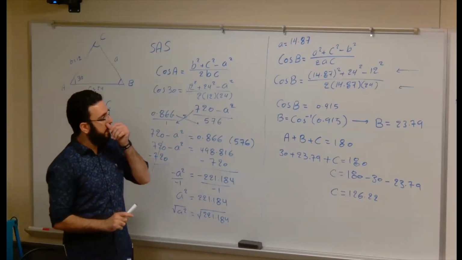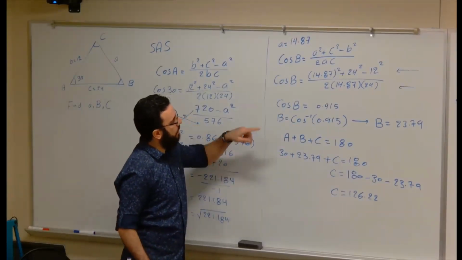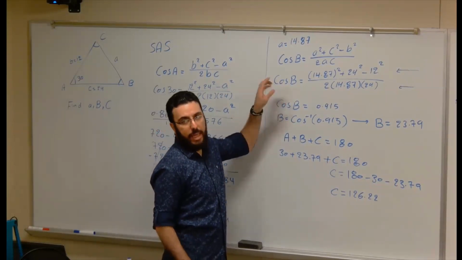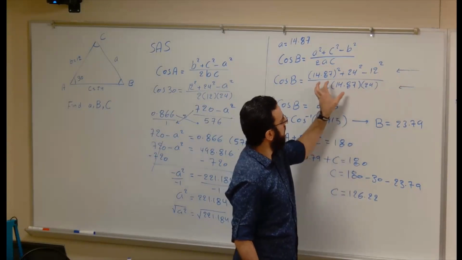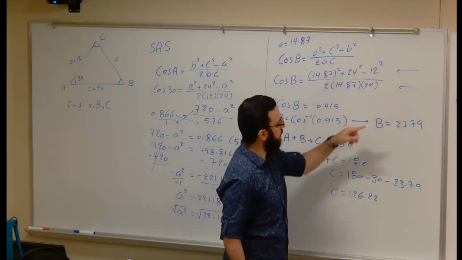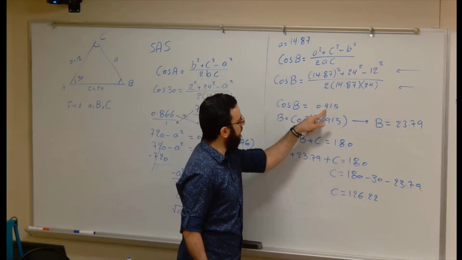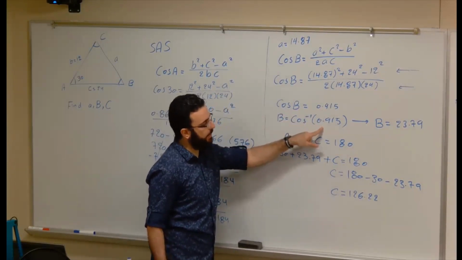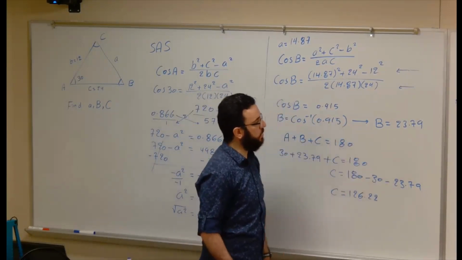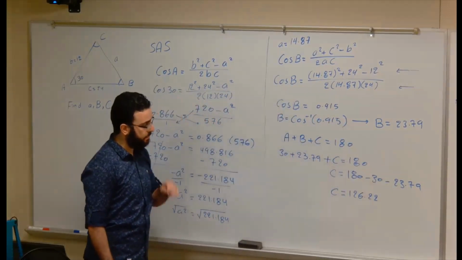So you see again, when you're dividing here, plug in the first part, get the result, then the second part, get the result, and divide. You're going to get 0.915. B is going to be cosine inverse of 0.915. That means the angle B is going to be 23.79.